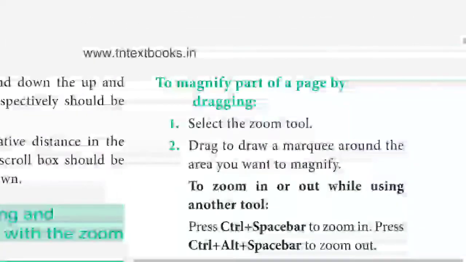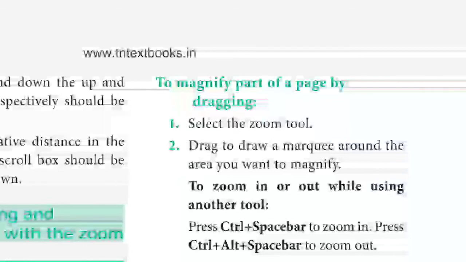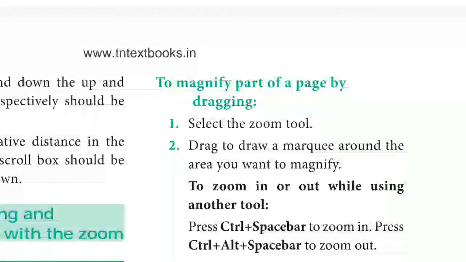So, magnifying part of a page by dragging. You can use the zoom tool to magnify a certain part of the document just by clicking and dragging and selecting some area.